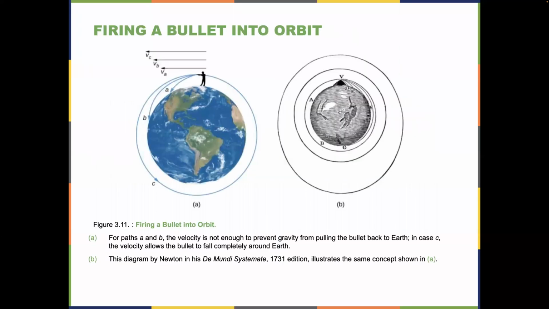Now, relating to the previous diagram, you can see that there should be a specific speed for this particular situation, where if you fire the bullet at that speed, the bullet will start to go around the Earth, right?